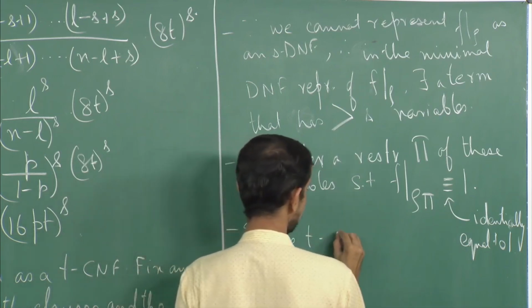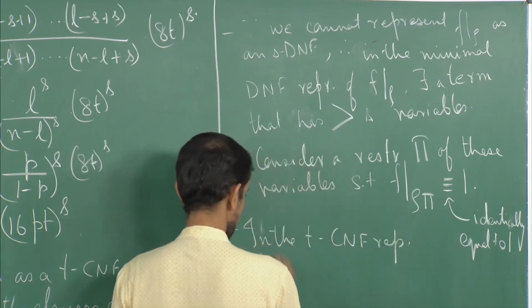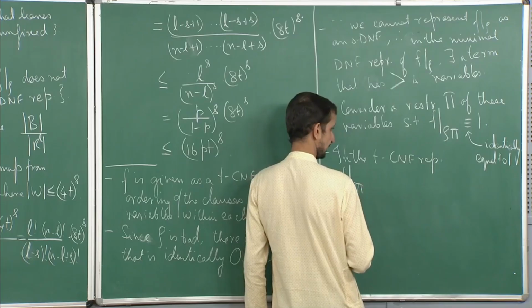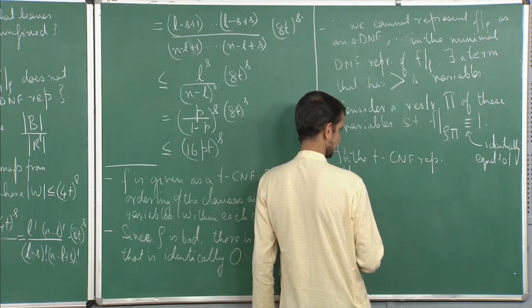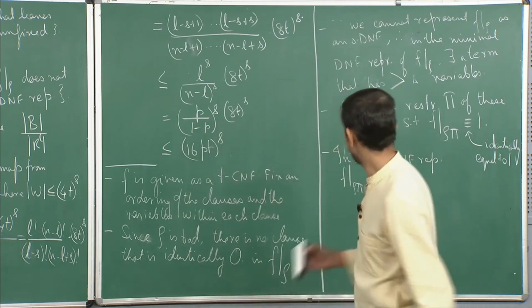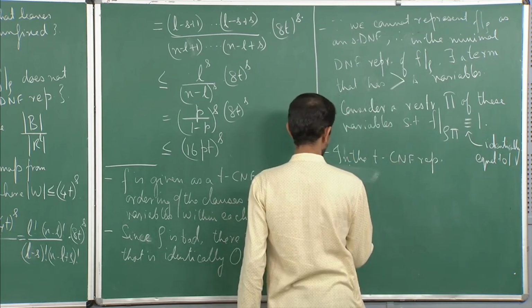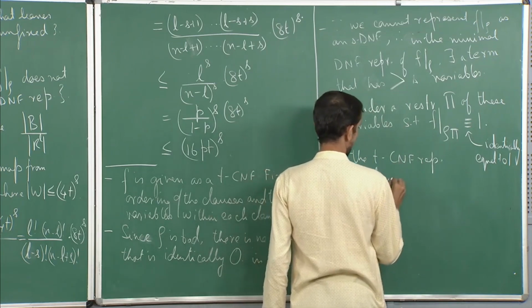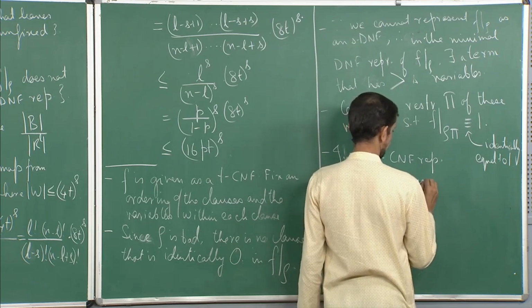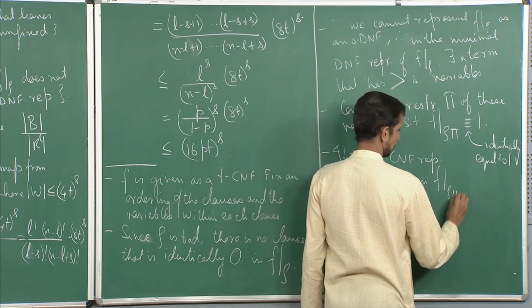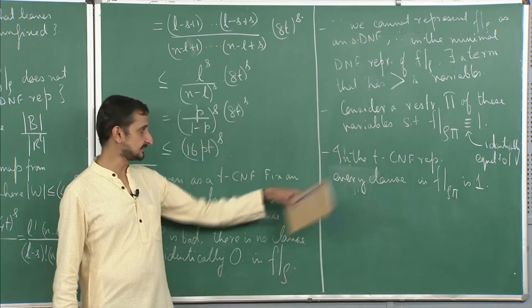In the T CNF representation, every clause in f restricted to rho pi is 1, because it is a CNF representation.